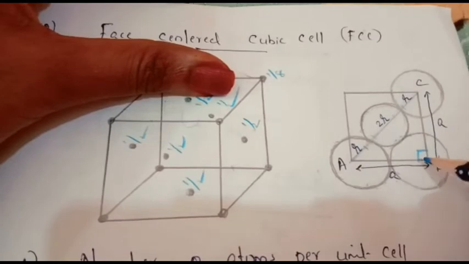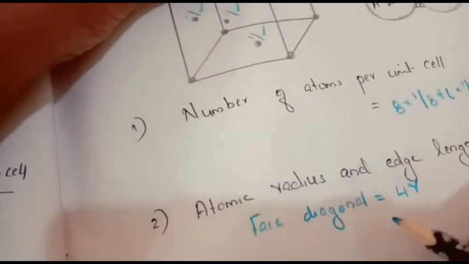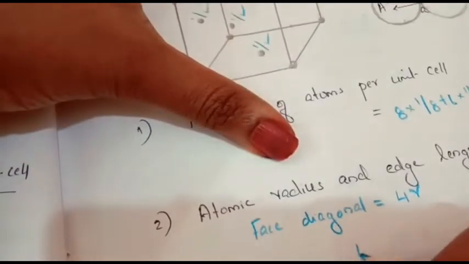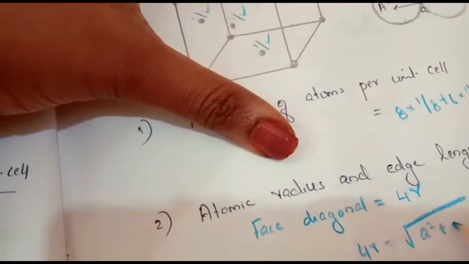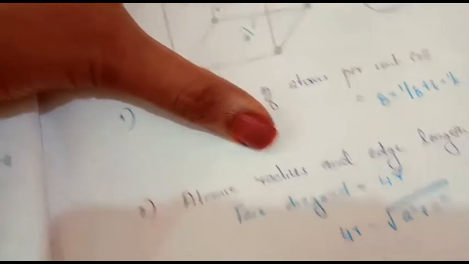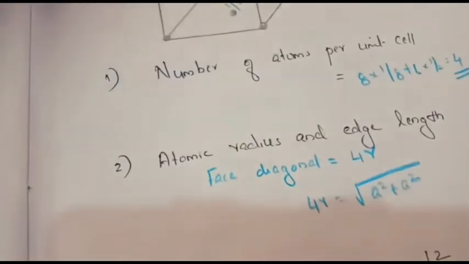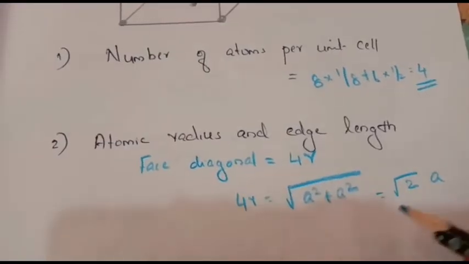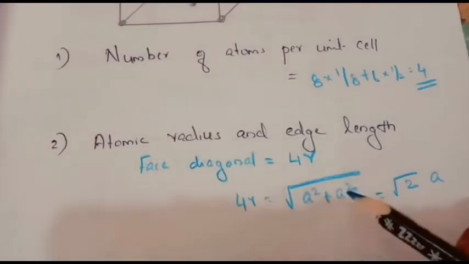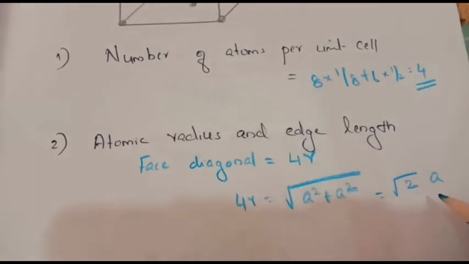This is a. What is the length of BC? This is also a. So we can write 4r equals face diagonal, or 4r equals root of base square plus altitude square. That means 4r equals root of a square plus a square, so that is root 2 a. Therefore, r equals root 2a by 4.